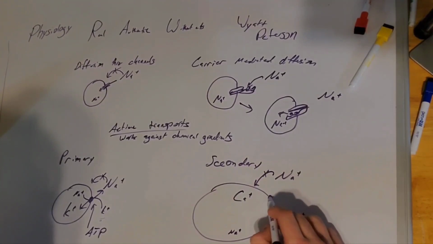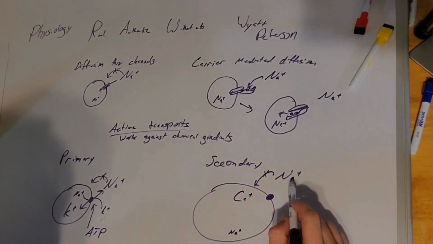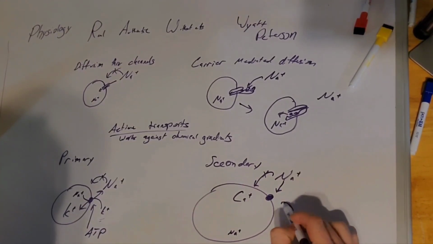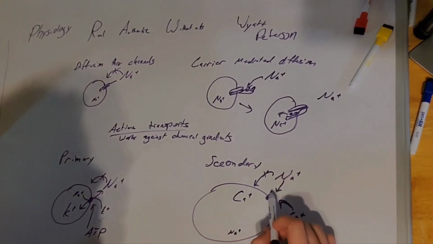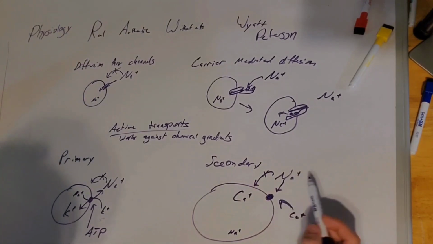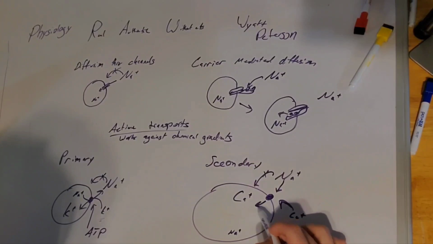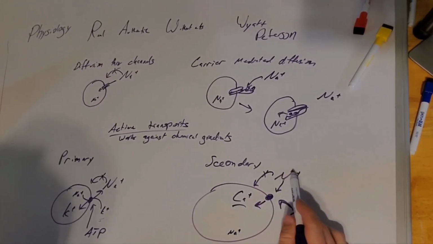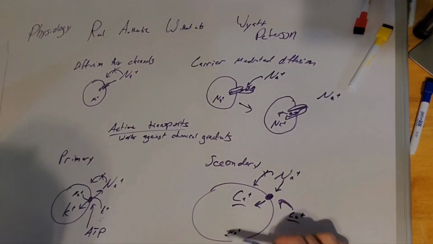So this protein is going to have a binding site for sodium and a binding site for calcium. So calcium wants to leave, but it's going to use the driving force of sodium to get pumped inside of the cell again. So this is working against its gradient, but it's using the chemical gradient of sodium to get inside.